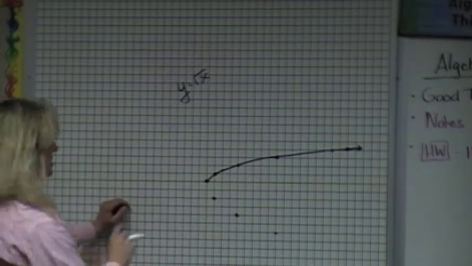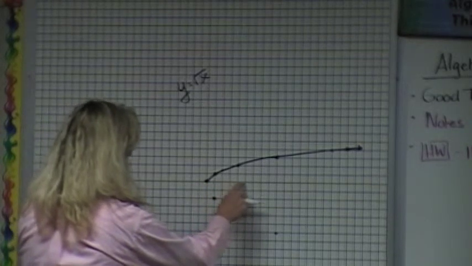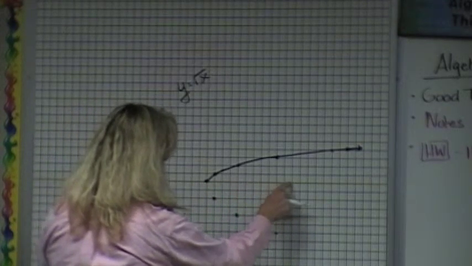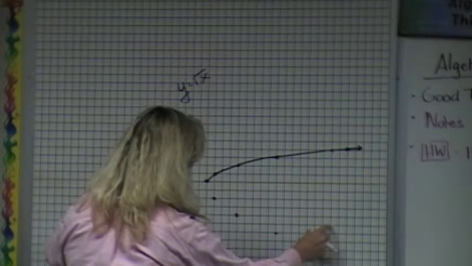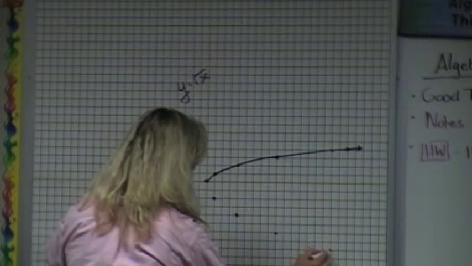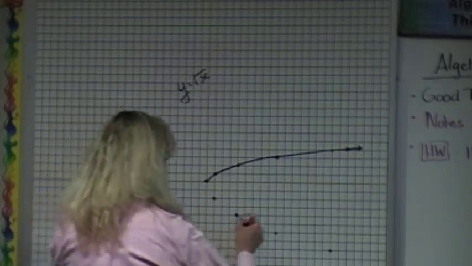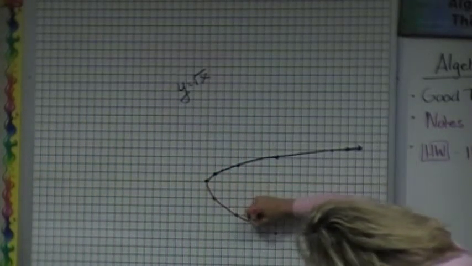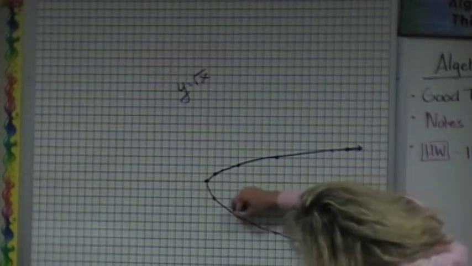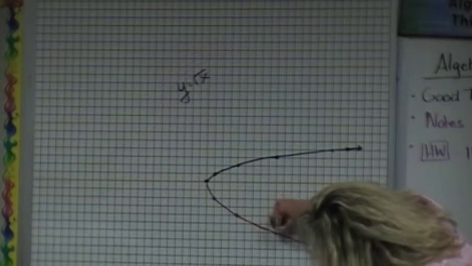And then over 16, down 8. And there's our curve. Hold on, guys. A little shaky there, but. Okay, so there's our curve.